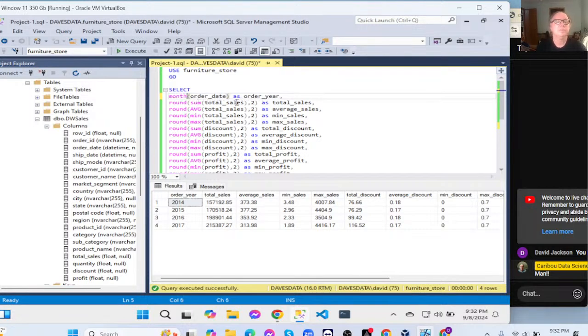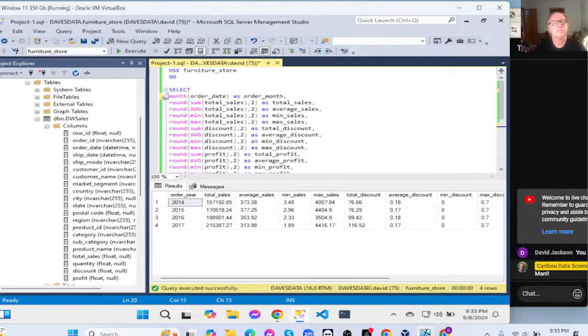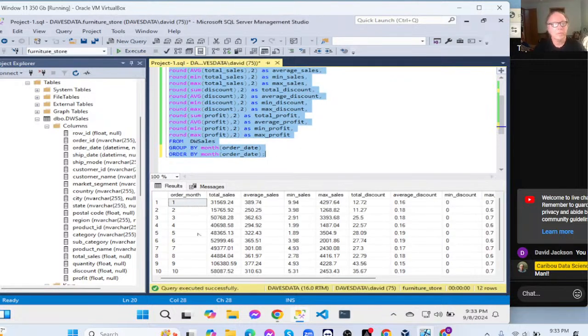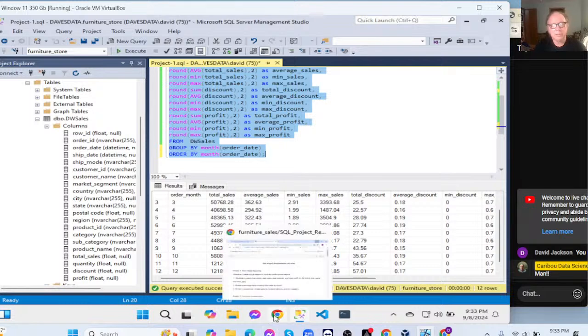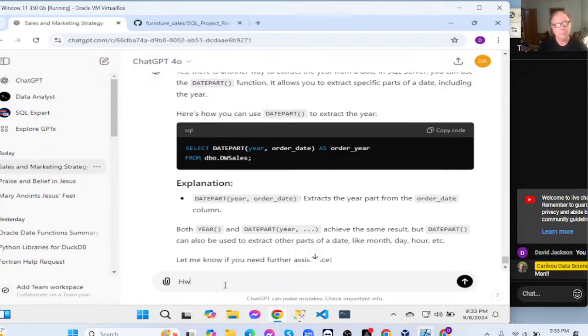It shows total sales by month. Now, it may not come as any surprise to you, but there's actually also a month function. There's the month.